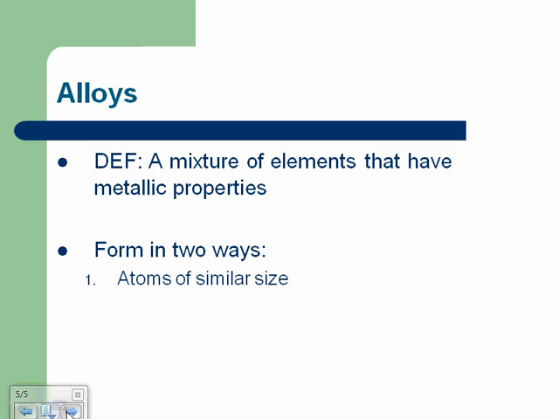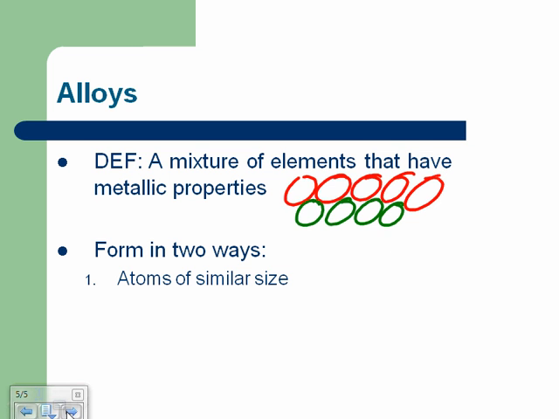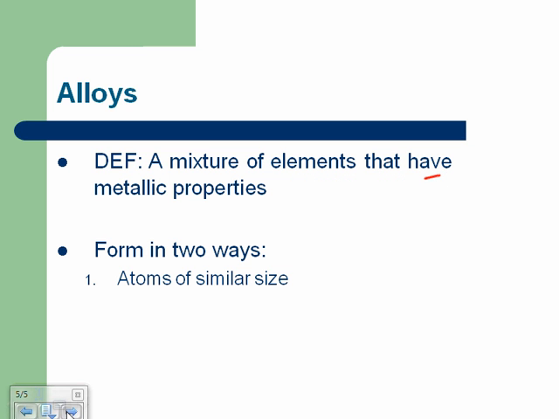One way is that you have atoms of similar size. So let's say, for example, you have some of these atoms lined up here, and then some of these atoms, and they're lined up here. So they're of the same size. They can fit in and amongst each other.